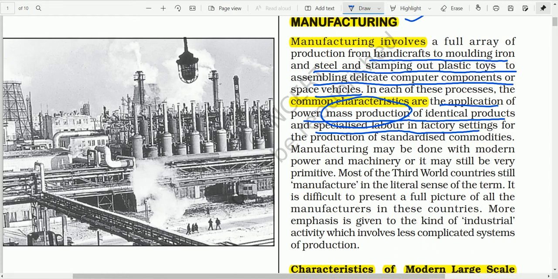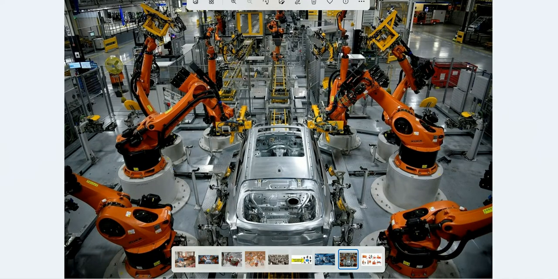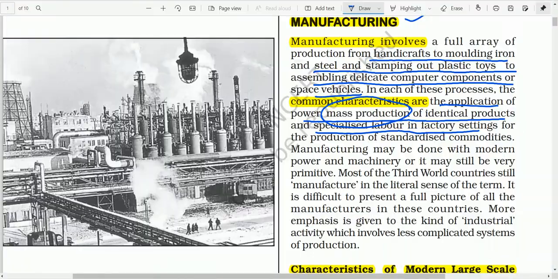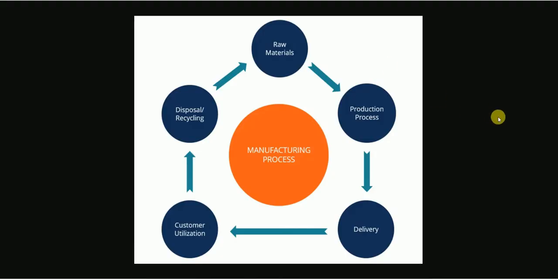This diagram shows the manufacturing process, and it starts with the raw material. Then production takes place.